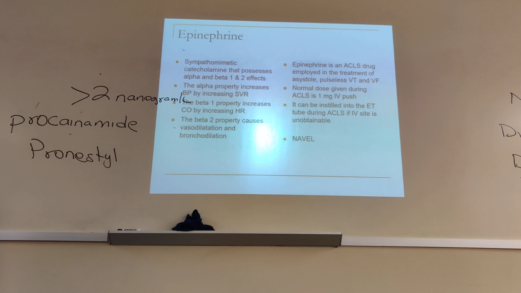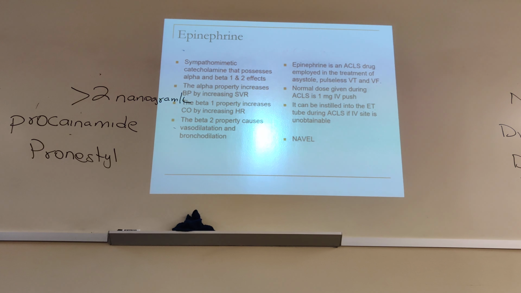When you see that, the first thing that we do is shock the patient. Then if the rhythm comes back, which is persistent, the first drug that we give is epinephrine. Then we shock the patient again, and then we start giving antiarrhythmic agents if the rhythm comes back. Normal dose is 1 milligram IV push.